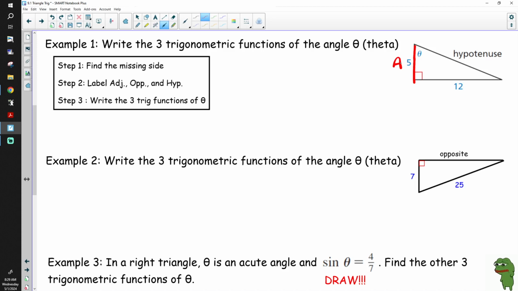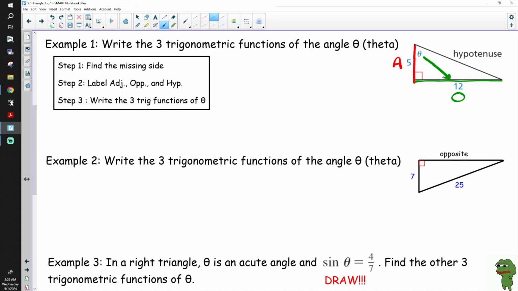Because it touches theta. See theta up there? That's our angle, and it touches it. 12 is then the opposite side, because if you were to start a line at the theta, this is opposite of the theta measure, our angle.